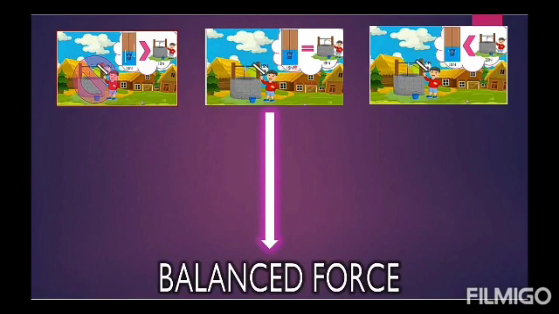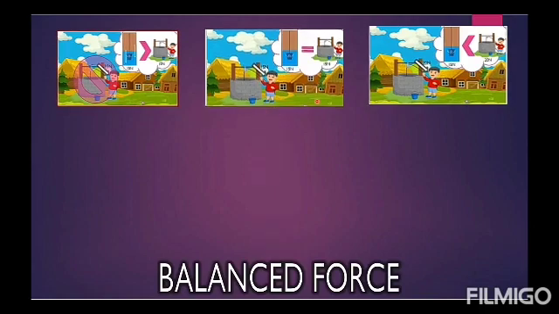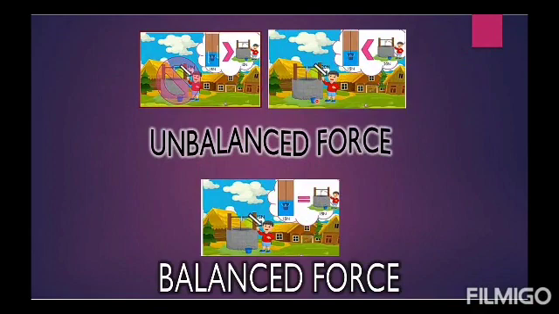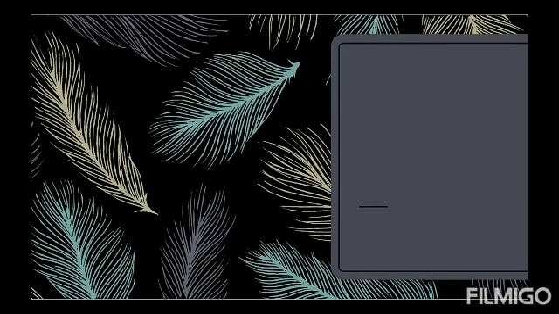Resultant force is equal to 0 and it causes the body to stay at rest. It is called balanced force. So, now you are clear about balanced and unbalanced.